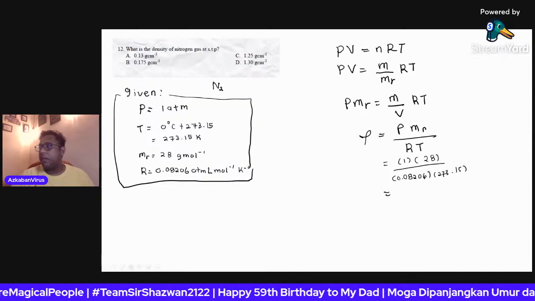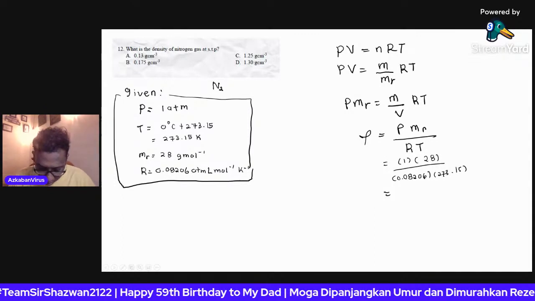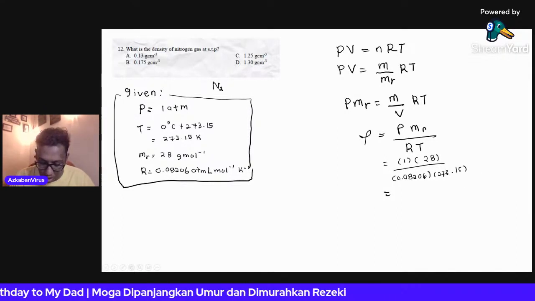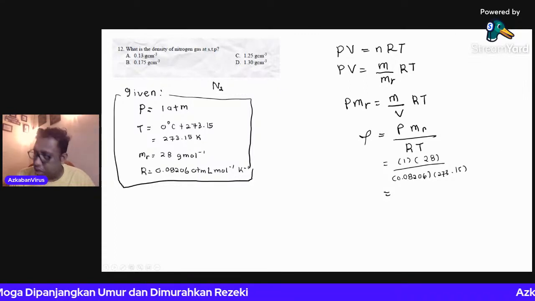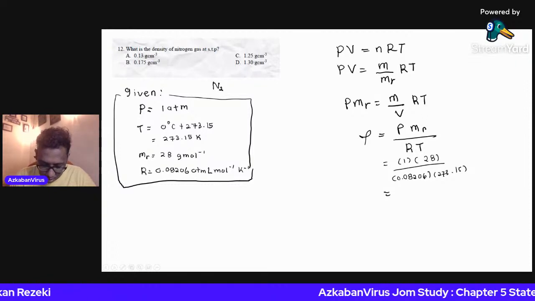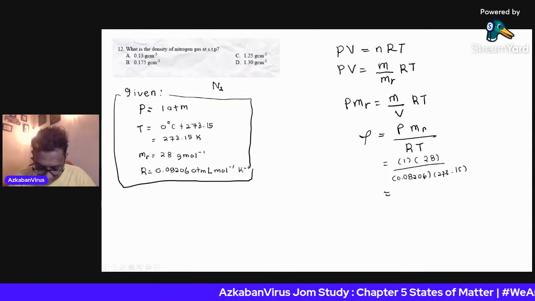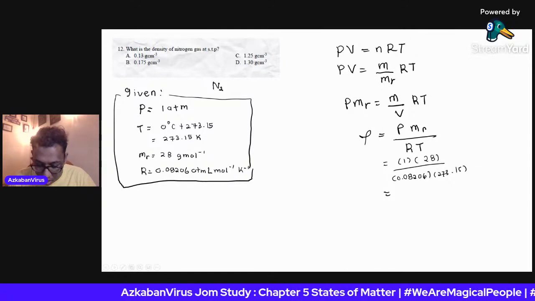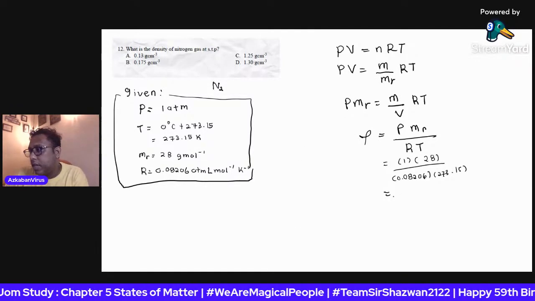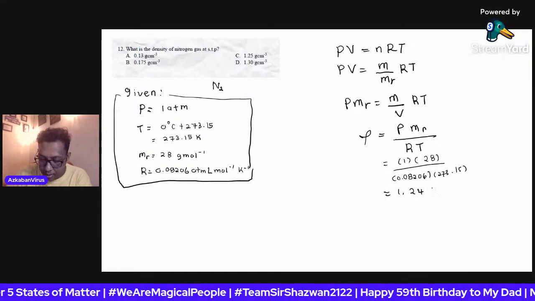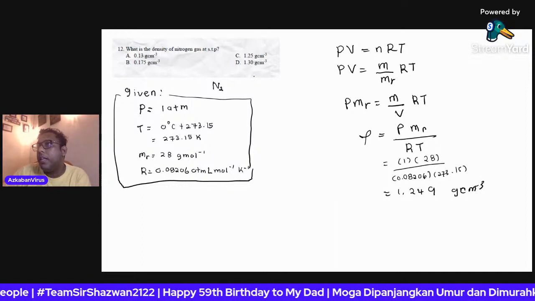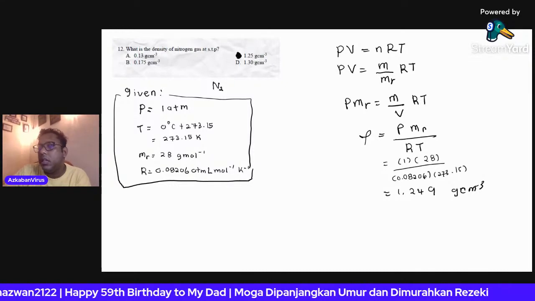Kita akan dapat jawapan kita sama dengan 1.249 gram per liter. So, jawapan kita adalah C, 1.25.